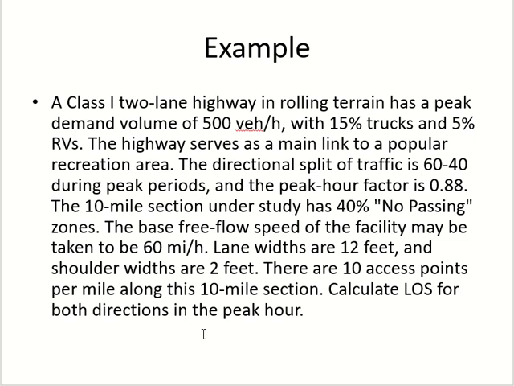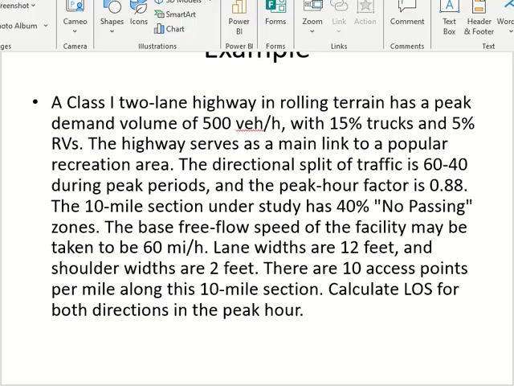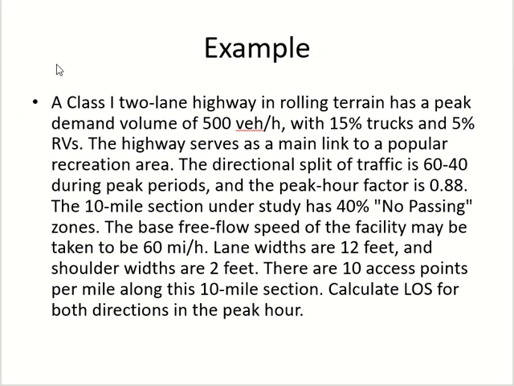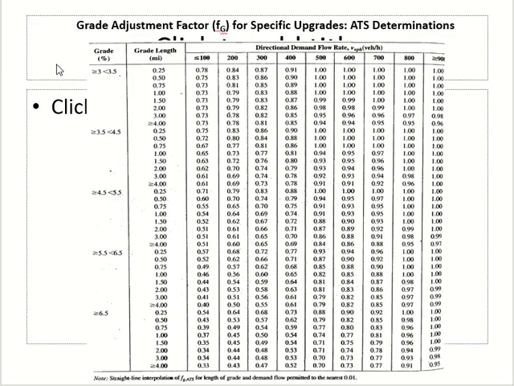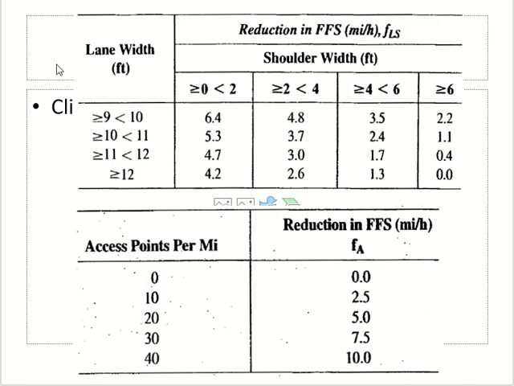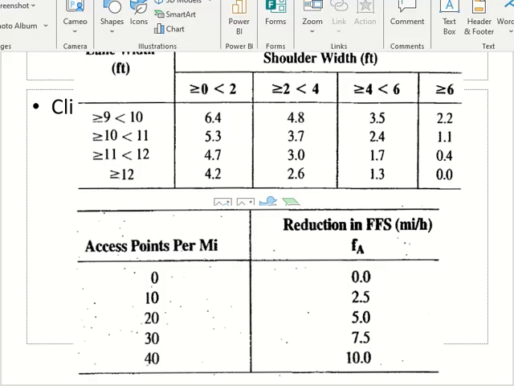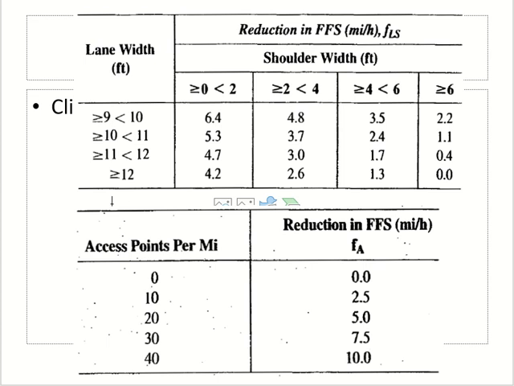So what's the first step? Always. We did it for freeways, multilane highways. The first step is always the same: find out free flow speed. Free flow speed is the base value minus the two factors. The base value is 60. These are the factors. Factor for lane and shoulder width: lane width 12, shoulder width 2.